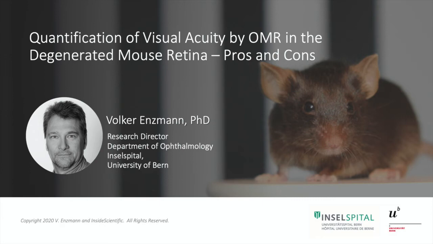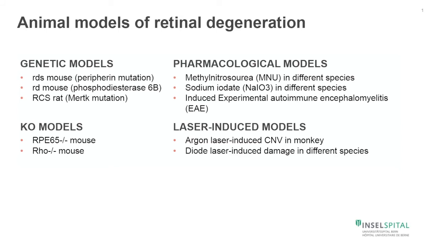In this regard, the employment of animal models that mimic the degenerative changes and show the effectiveness of the experimental alterations is pivotal. So animal models of retinal degeneration come in different flavors. You have, for instance, the genetic models, the knockout models, the pharmacological models, and the laser-induced models.